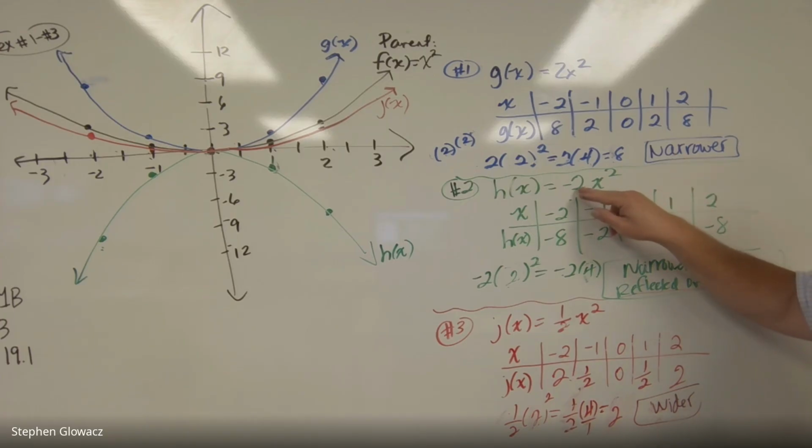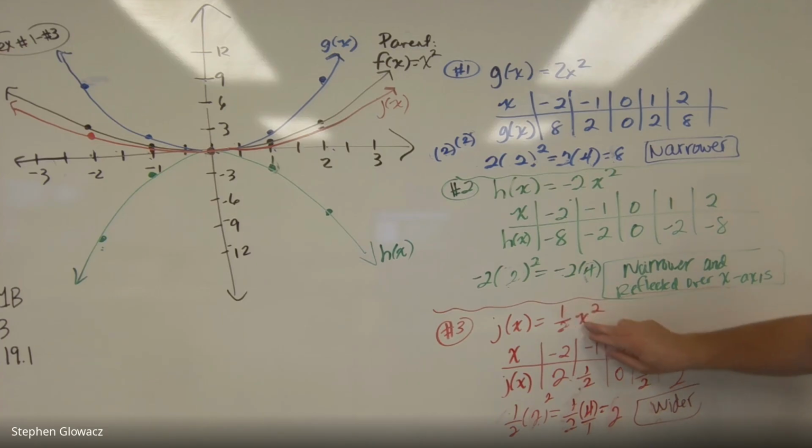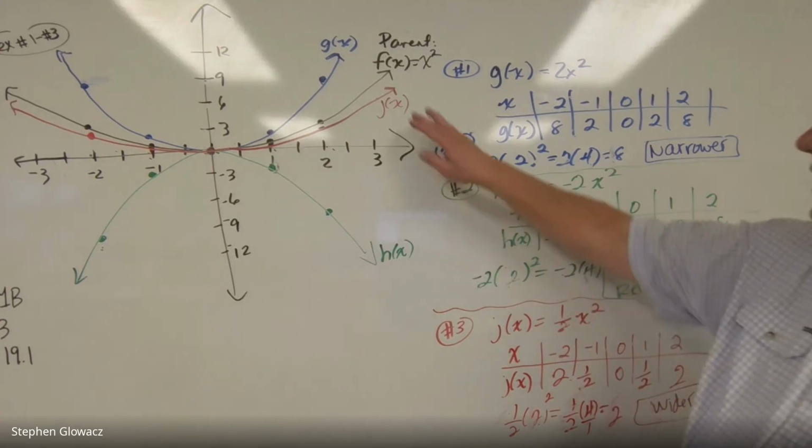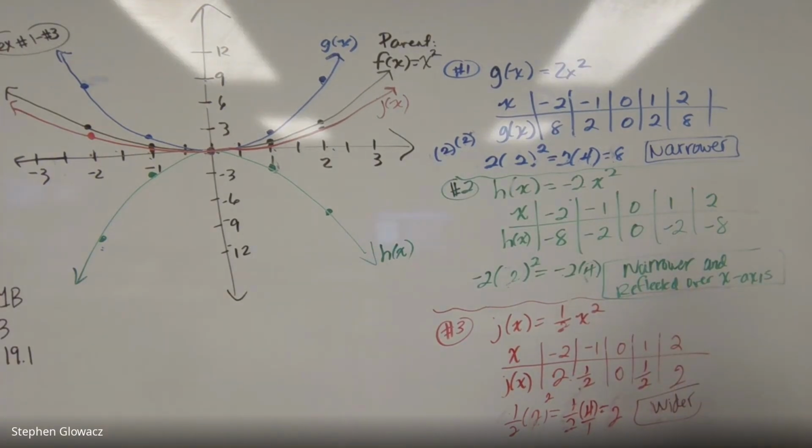And even if it's negative, because we're looking at the absolute value of that number. But if the coefficient of x squared is between 0 and 1, it's going to make the graph wider. And so how is the graph of 1/2 x squared compared to our parent function? It is wider.